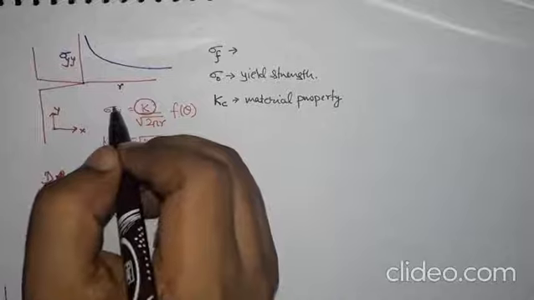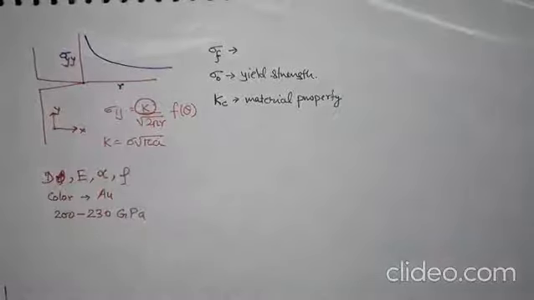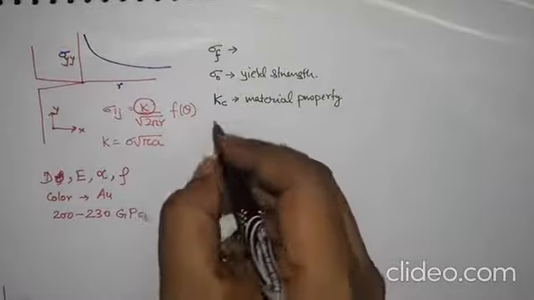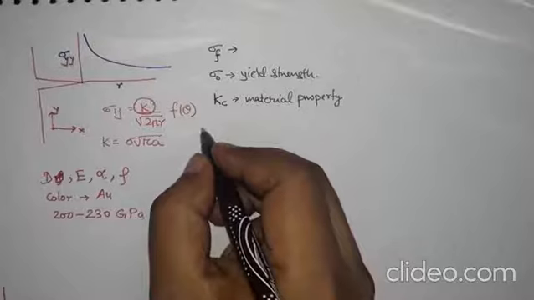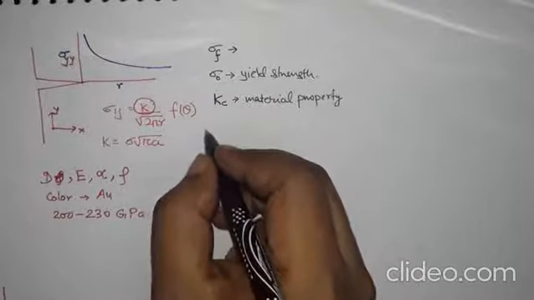So can a material experience an infinite amount of stress? That is the question. Is it a reality that materials can have infinite stress or not? The answer is no. They cannot have an infinite amount of stress.